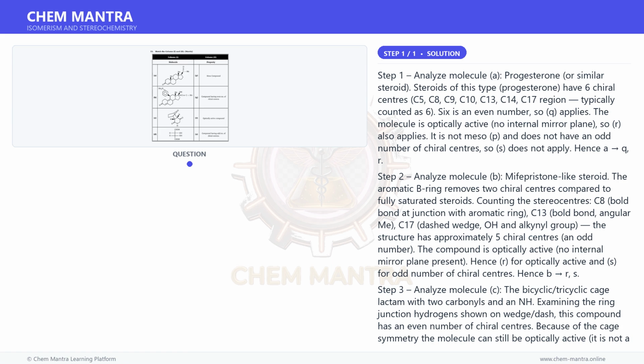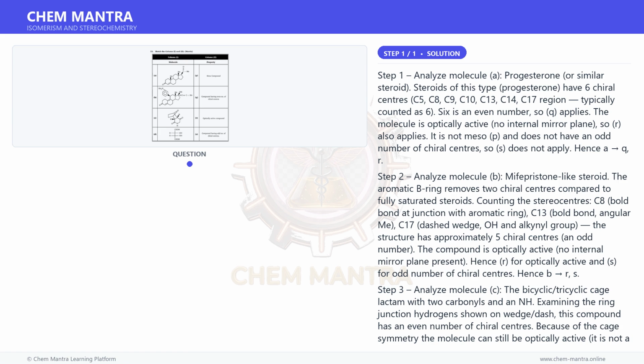Meso-tartaric acid has 2 chiral centers, an even number, but possesses an internal plane of symmetry making it optically inactive. Hence, P, meso compound, and Q, even number of chiral centers. Hence D: P, Q.